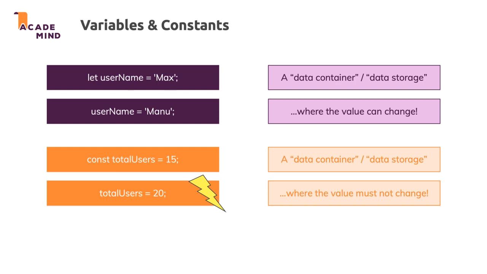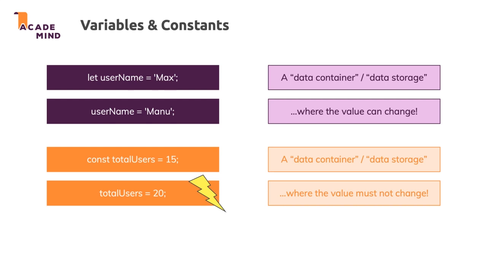Maybe use the same constant multiple times in different places so you will always reference the same single constant. And if you then ever, when writing your code, you change that value, you change it in one place instead of 10 different places. But that will become clearer once we start writing some code, which we'll do in a second. For now, just be aware of these two different ways of creating variables with let and with const, where variables with let can be changed, with const they can't be.